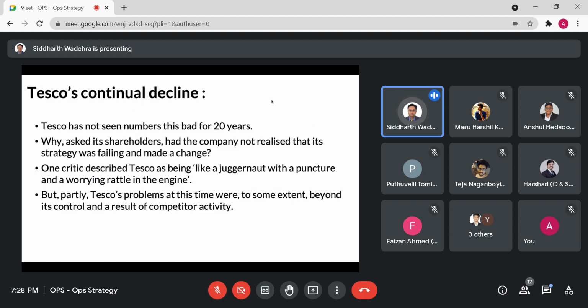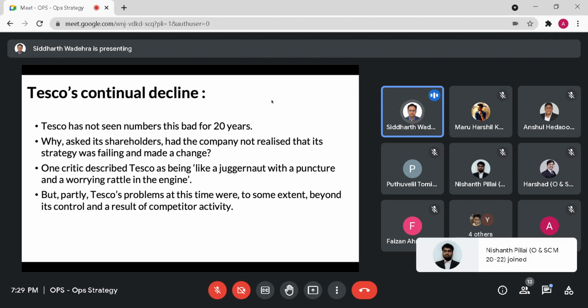With this background, let's also understand that these numbers were probably the worst in a time period of 20 years. Shareholders, including the board members, everyone in the organization, started questioning the CEO, saying that the company had not realized that its strategy was failing and whether it was actually monitoring any of the changes that it was trying to implement.